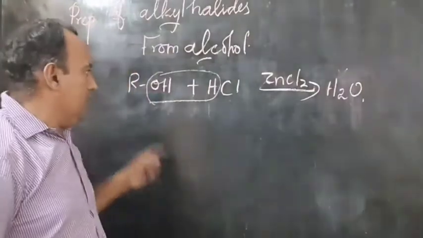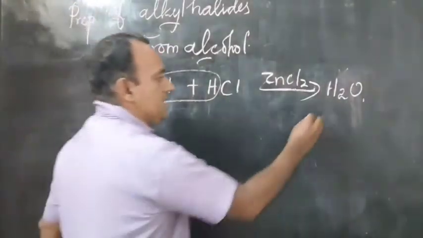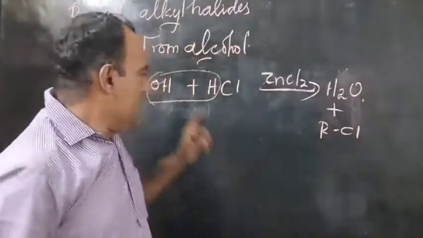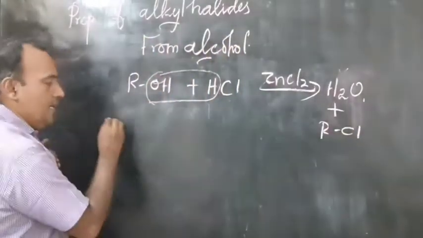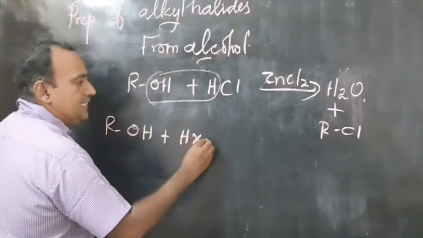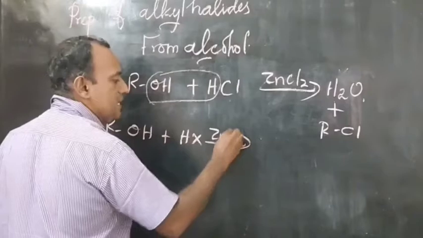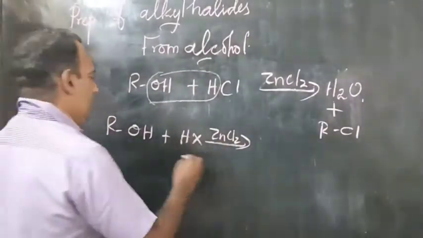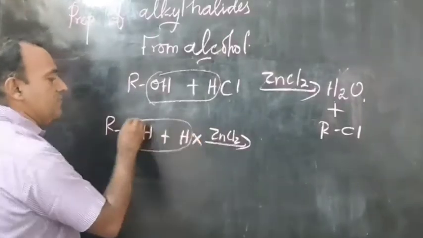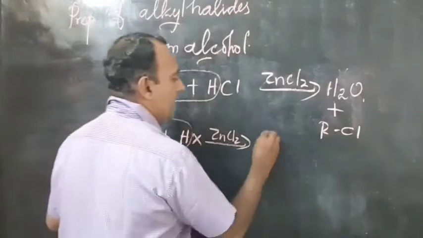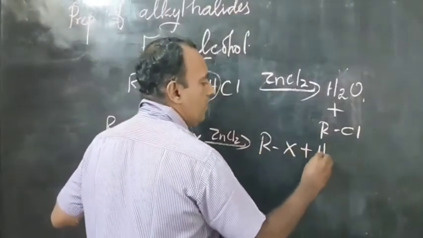The remaining part gives RCl. That means alcohols when treated with the hydrogen halide in the presence of zinc chloride as catalyst, this OH and H will be converted into water. Remaining we get RX plus water.